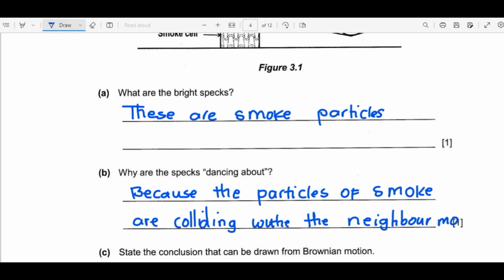Because of these particles of the smoke, and there are particles like the particles of the other gases, due to the presence of the other particles, the collision is what is causing these specks to dance about.